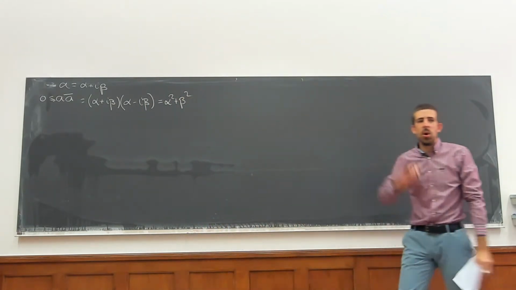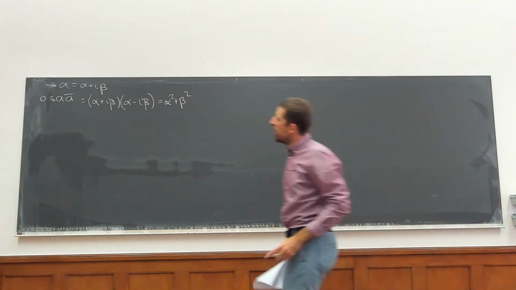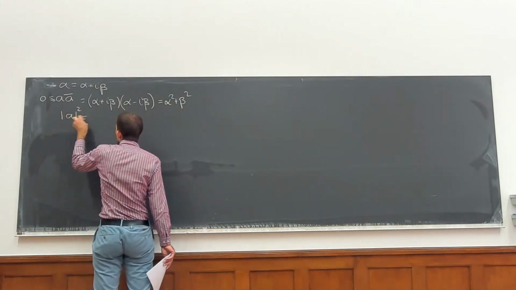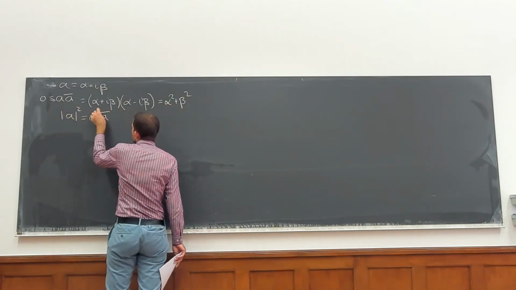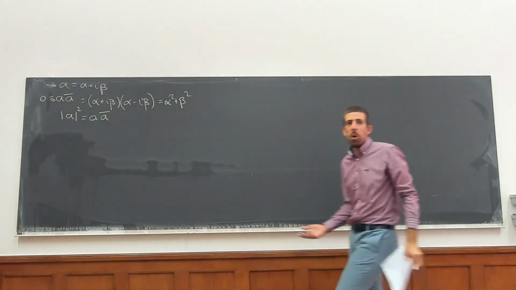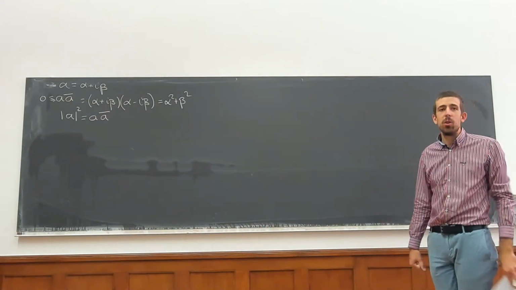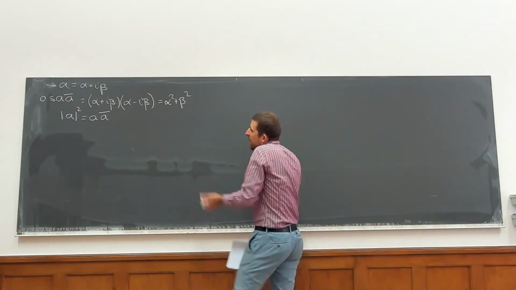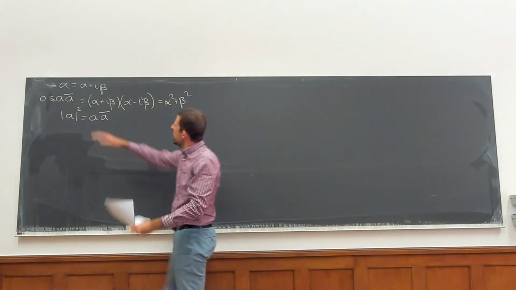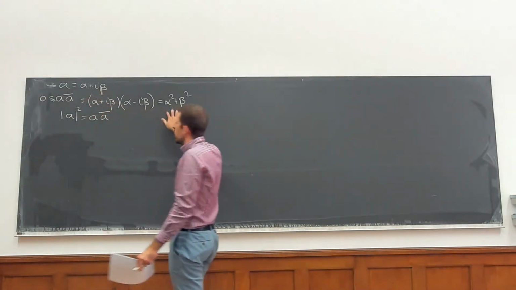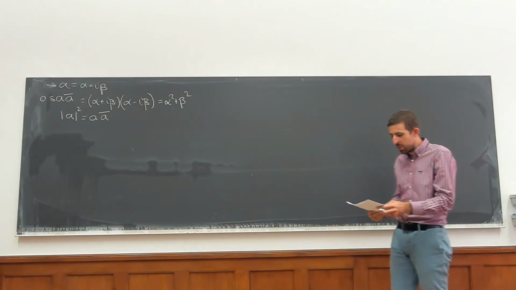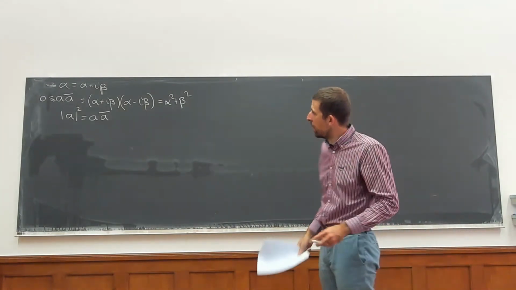And we decided to call A times A conjugate the norm squared of A. It satisfies the nice property that it's always non-negative, as you would like a modulus or a norm to be. But in fact, if you think of A as just an element of R2, this is exactly the Euclidean norm that you would define, right? So everything is completely self-consistent, right?